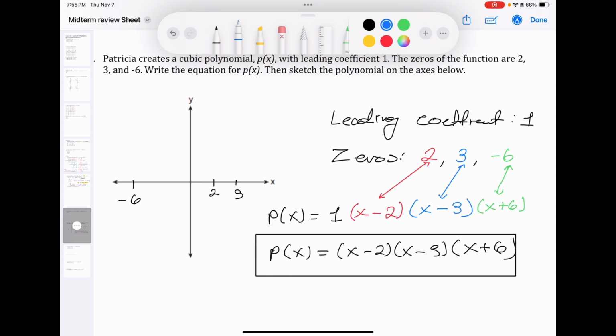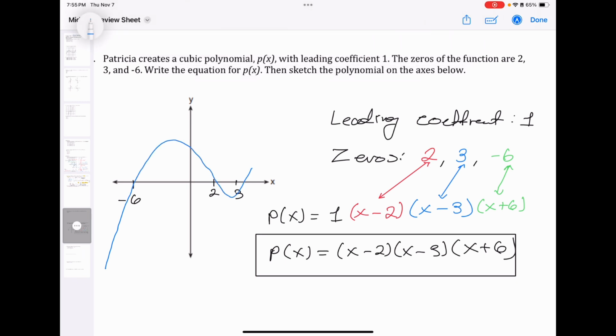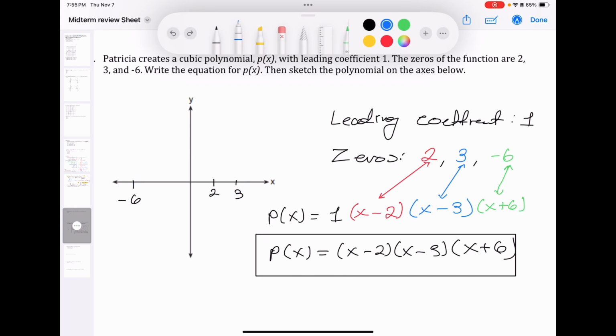So it looks something like this. A rough sketch. I'm not an artist, so you're going to forgive me on this one. Something like that. And there you go.